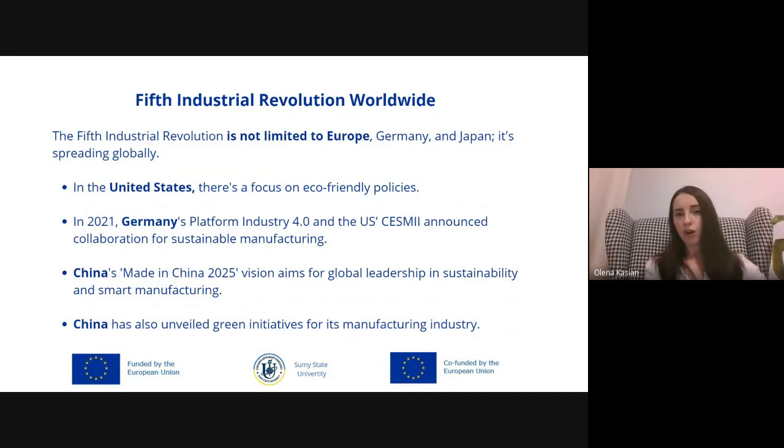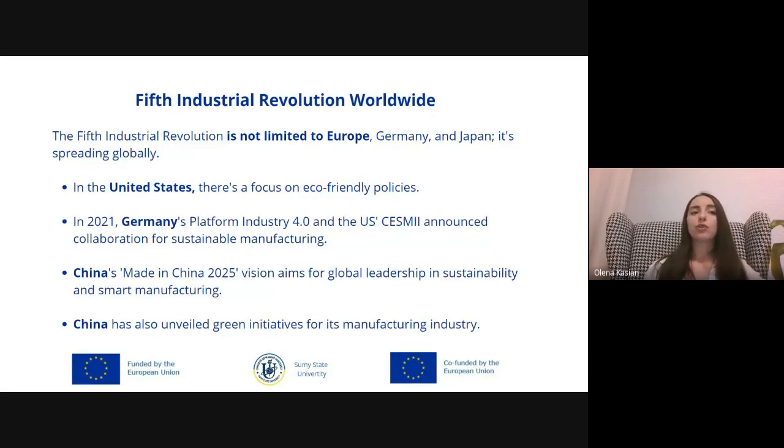So we just talked about Japan and Germany, but other countries are also involved in this industrial revolution, or basically a global change, I would say. The fifth industrial revolution movements are spreading not only in Europe, Germany, and Japan, but also in the US and China.